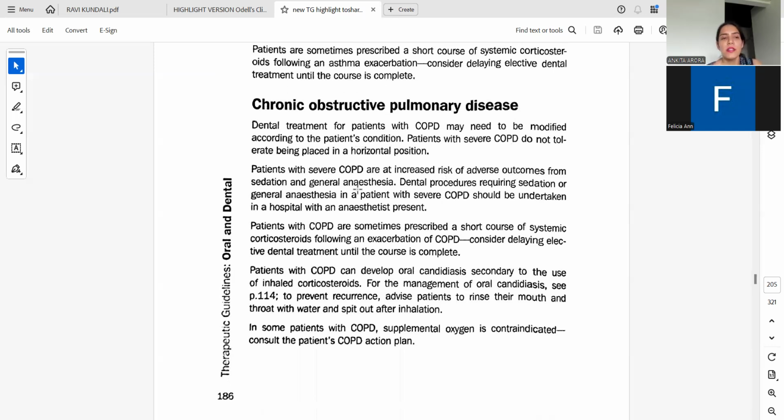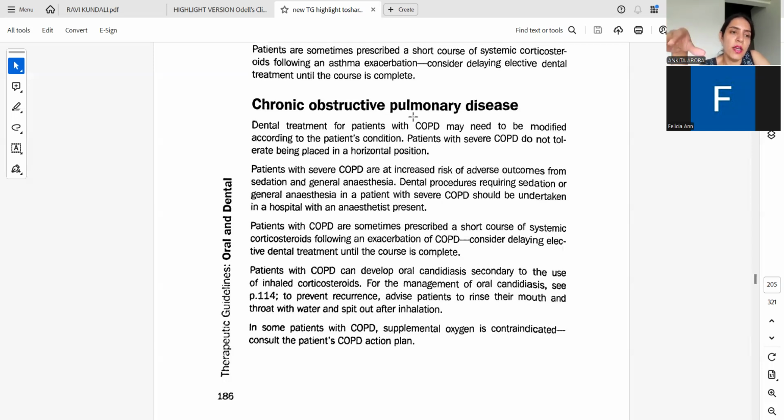So, what is the difference between asthma and COPD? Asthma is basically inflammation in the bronchioles, and it leads to constriction of the airways. But chronicity in that constriction leads to chronic obstructive pulmonary disease.